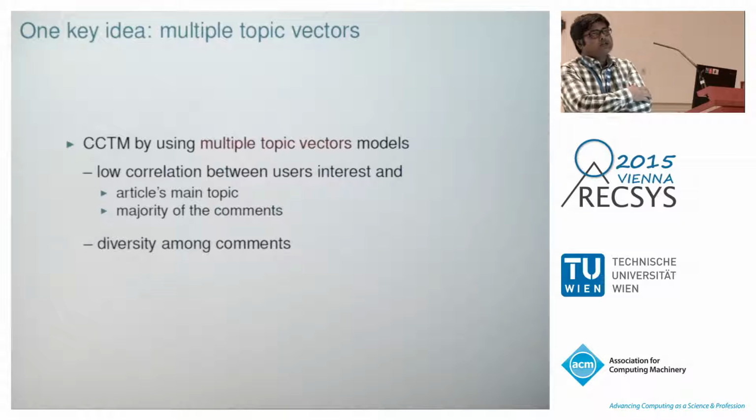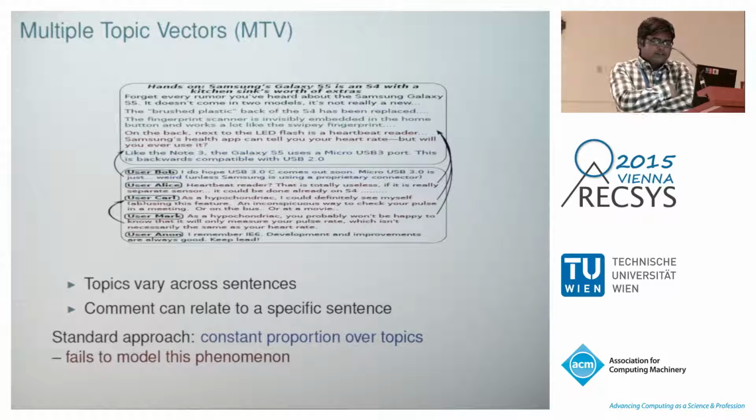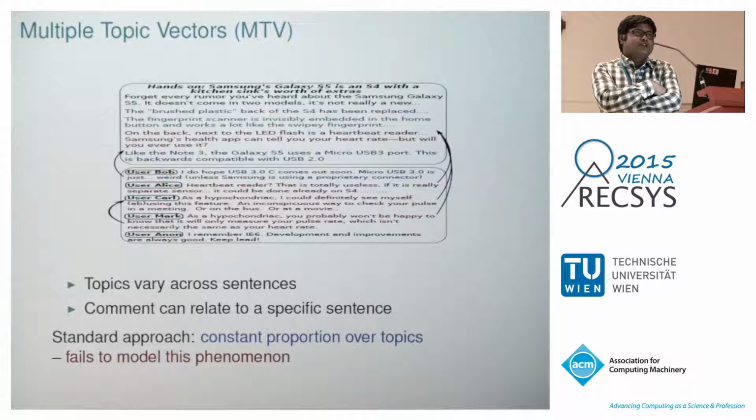For example, this red sentence may be only one sentence in the entire article, which may be very low probability, but there are many users who are interested in that particular aspect. So we want to vary the proportion over topics across the sentences.